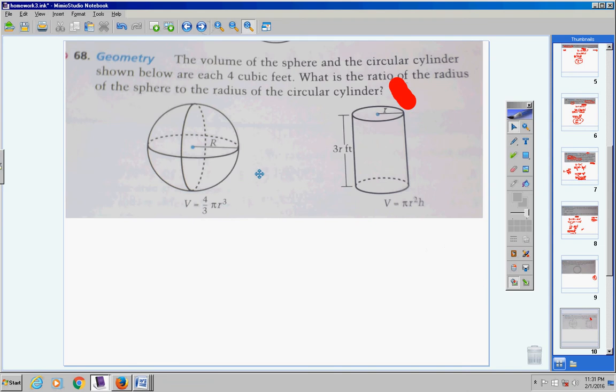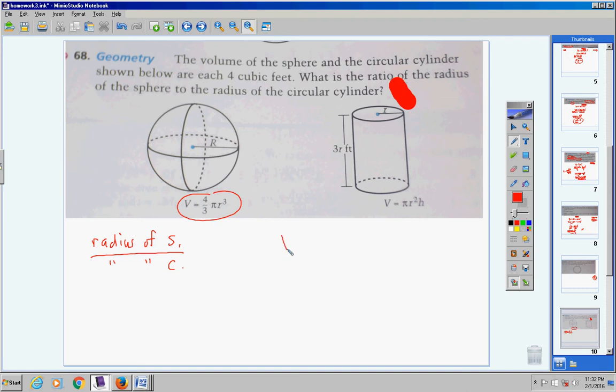Alright, another one just like the last one. What is the ratio right here? What is the ratio of the radius of the sphere to the radius of the cylinder? So my ratio is radius of sphere over, I'm going to use ditto marks, radius of cylinder. So I've got to find the radius of the sphere first.